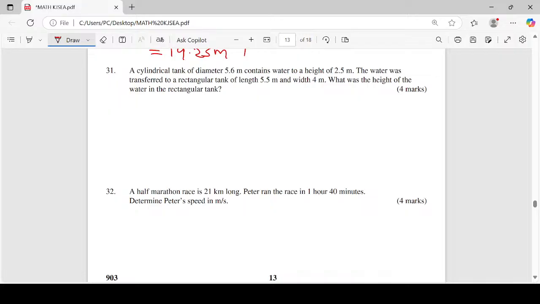So first of all, for us to be able to do that question, let's first get the volume of the cylindrical tank.